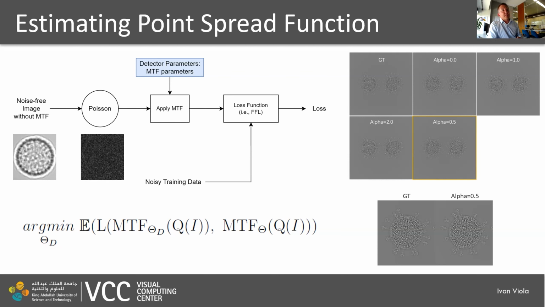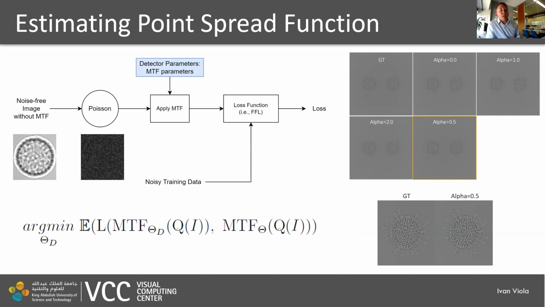Now here we can see the loss, which is the focal frequency loss. This is a comparison of images in the frequency domain, and with this focal frequency loss we have a parameter alpha, which we can use for tuning this loss function.